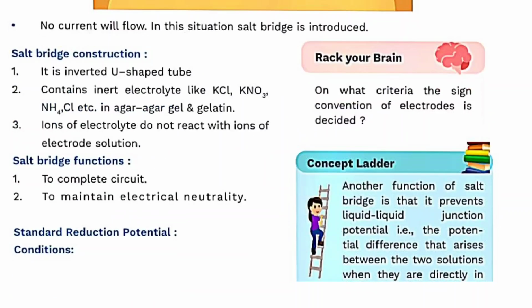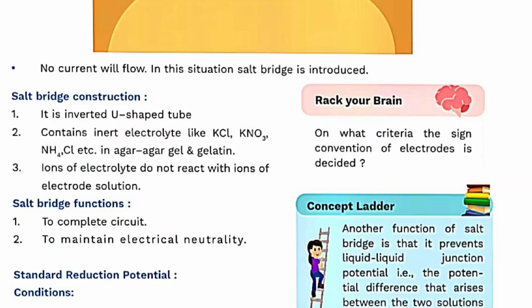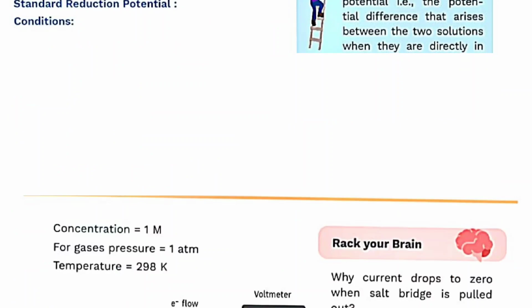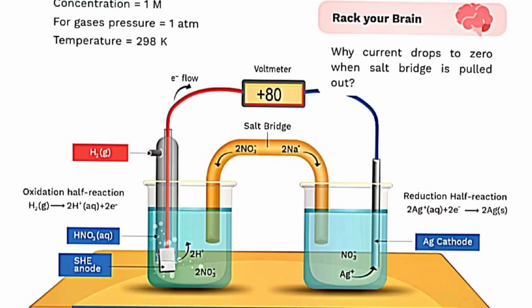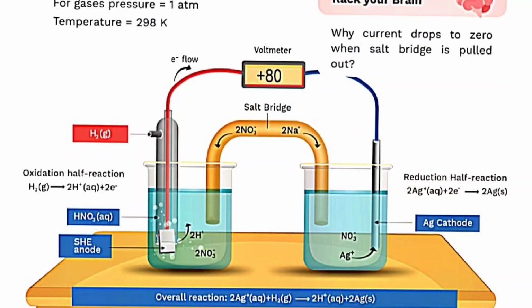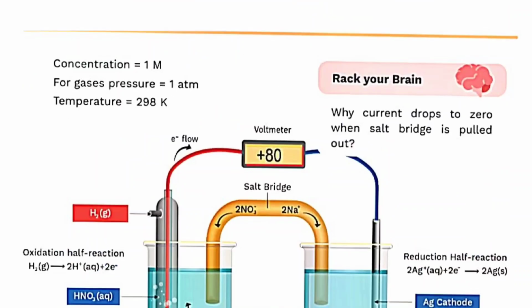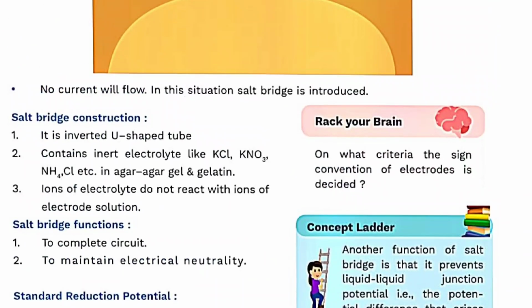Okay, another topic we are going to talk about here is the salt bridge and its functions. First of all, what is a salt bridge? A salt bridge is a device that connects two half cells in an electrochemical cell. This is a diagrammatic representation.